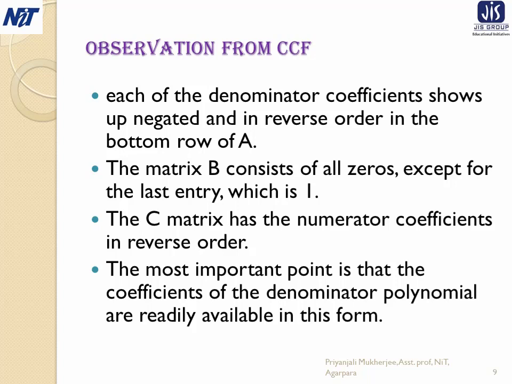Among these observations, the most important one is that the coefficients of the denominator polynomial are readily available in this form. That means if we remember the general form of the transfer function, then by inspection we can easily write down the controllable canonical form from the given system.